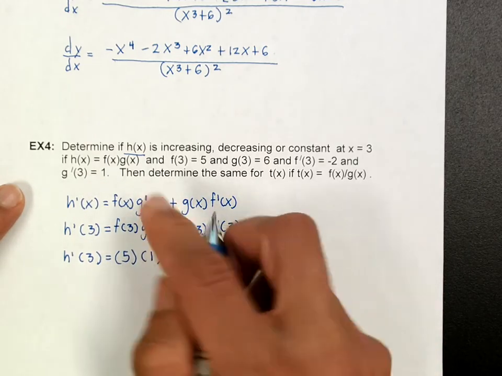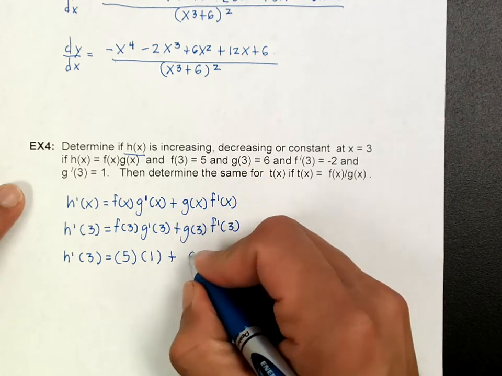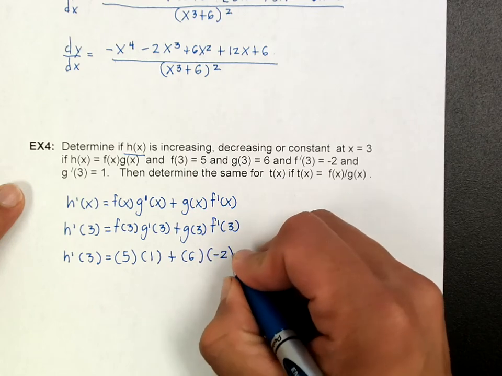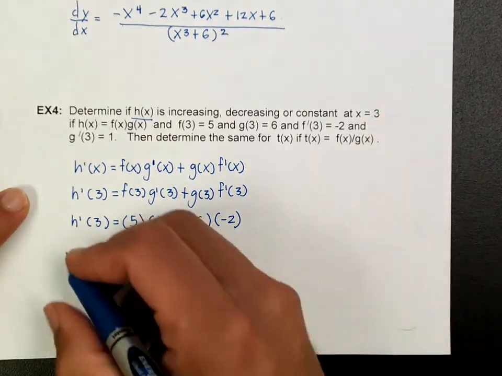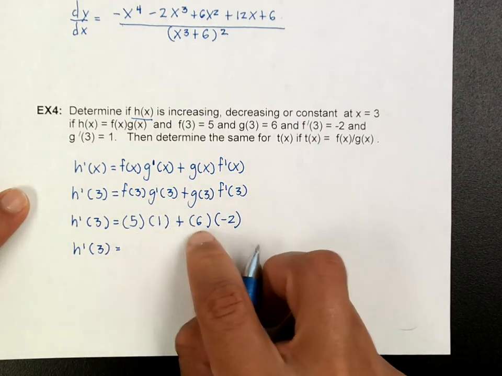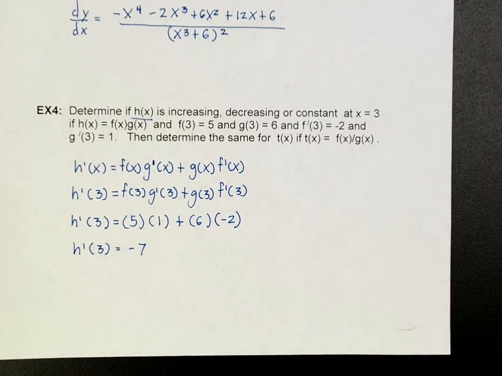And then g of 3 is, where is it? It's 6. And then f prime of 3 is negative 2. All right, so h prime of 3, if you multiply that times that and then subtract that, would be negative 7. All right, and because the derivative at x equal to 3 is negative.